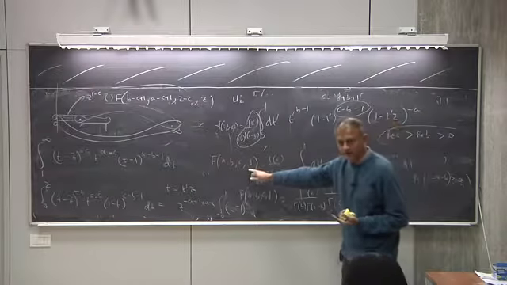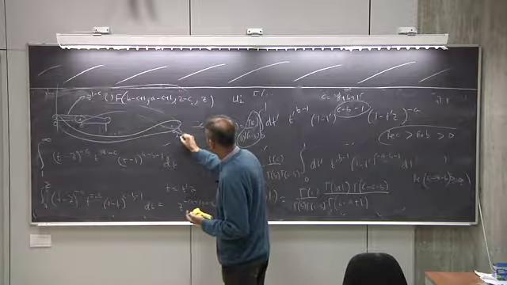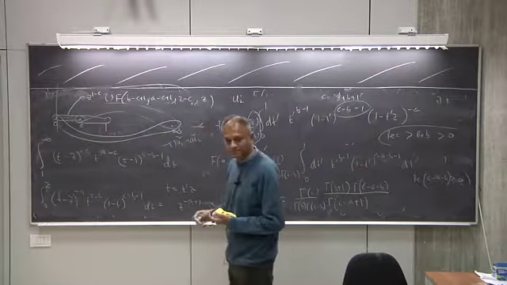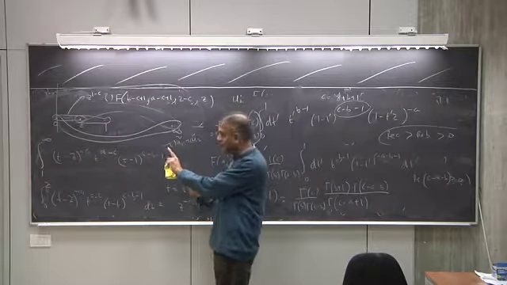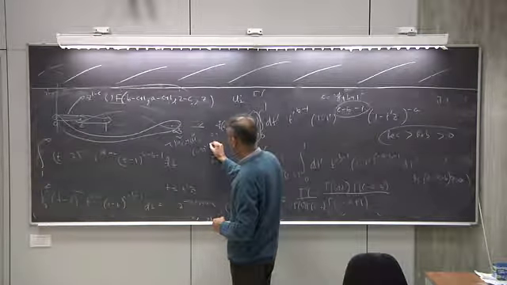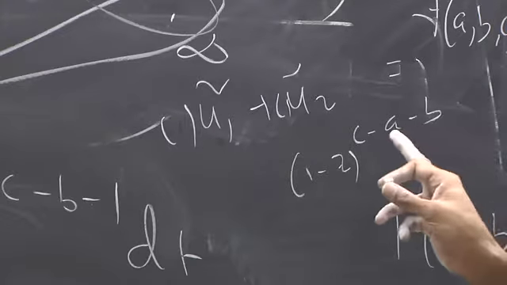So in general this will be a combination of u1 tilde plus u2 tilde with some coefficients, right? One of them is analytic, that's fine, there's no problem. But the other goes like 1 minus z to the power of c minus a minus b, right? That was the second root of the indicial equation around z equal to 1, okay?